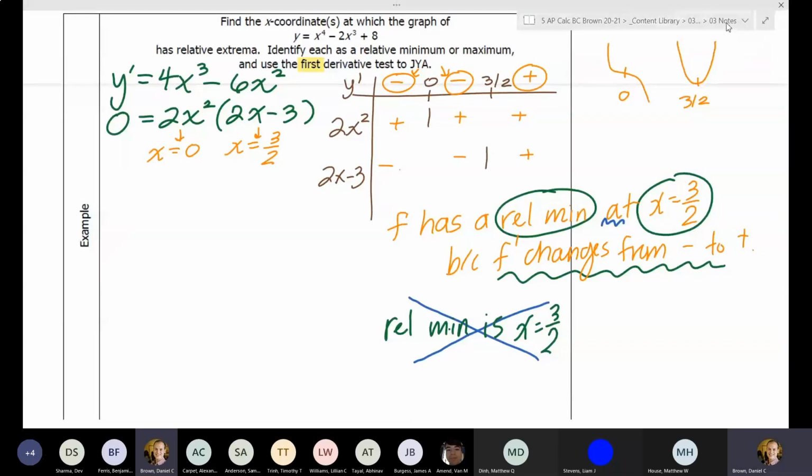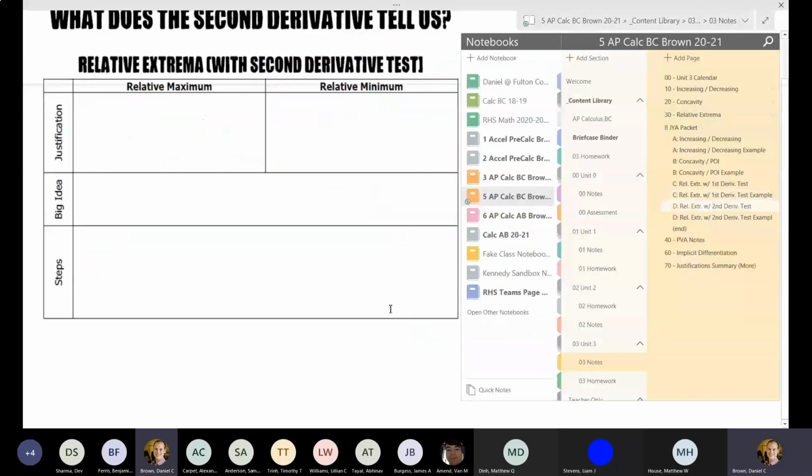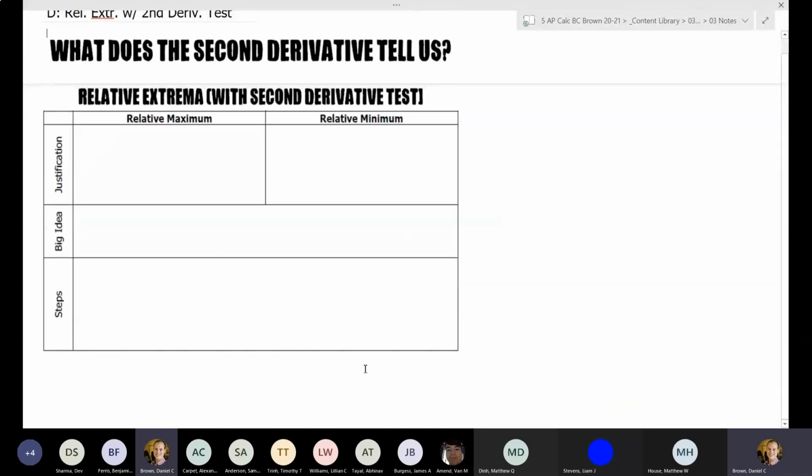All right, so then we have the second derivative test. This is often the one that I think takes students a little bit more time just to absorb and make sense of it. It's not the most intuitive one. The big idea with the second derivative test is you are looking at the concavity at the horizontal tangent lines.